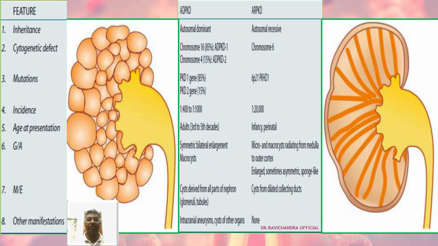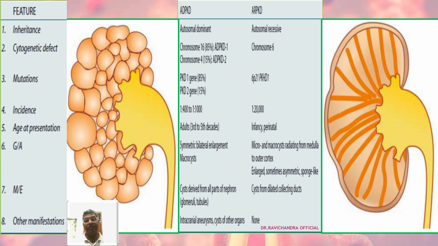The cytogenetic defect that occurs in ADPKD is chromosome 16 most of the times because of the ADPKD1 gene, and chromosome 4 because of the ADPKD2 gene. And in ARPKD, that is autosomal recessive polycystic kidney disease, it is chromosome 6 that is defective. Coming to the mutations, PKD1 gene, as I said earlier, 85%, and PKD2 gene, 15%.